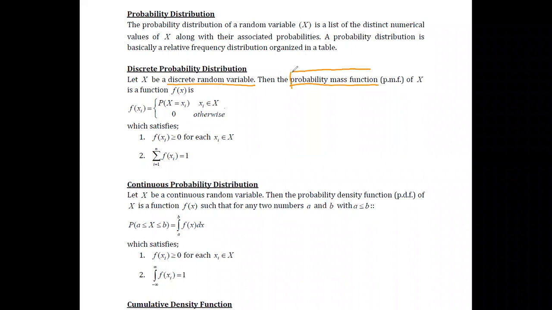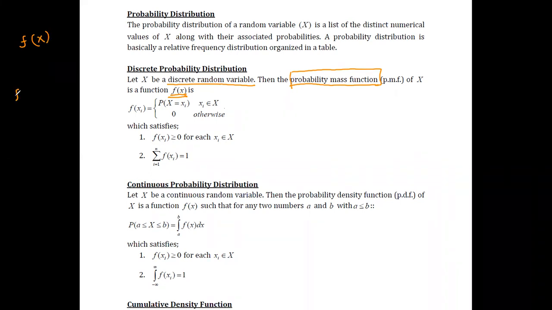This is said to be the probability mass function, abbreviated as PMF of x. If x is a random variable, the probability mass function of x can be written as f(x). Generally, we use the lowercase letter f to denote this probability mass function.